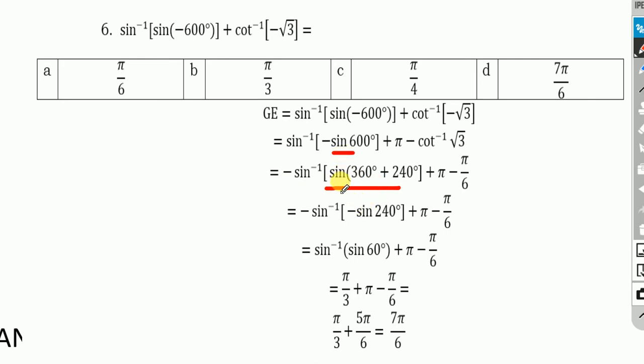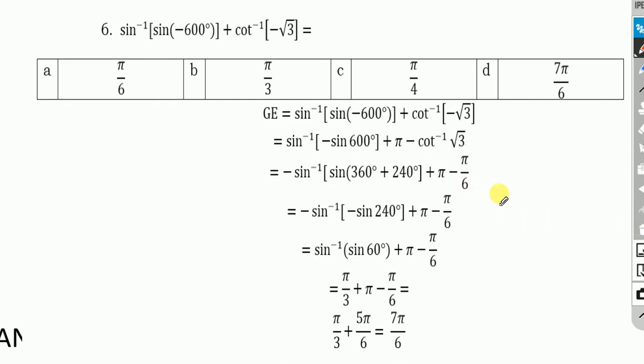But sin of 600 is nothing but sin of 360 plus 240. Pi minus cot inverse of root 3 is pi minus pi by 6 here, because cot inverse of root 3 means pi by 6, that is cot pi by 6 is equal to root 3.